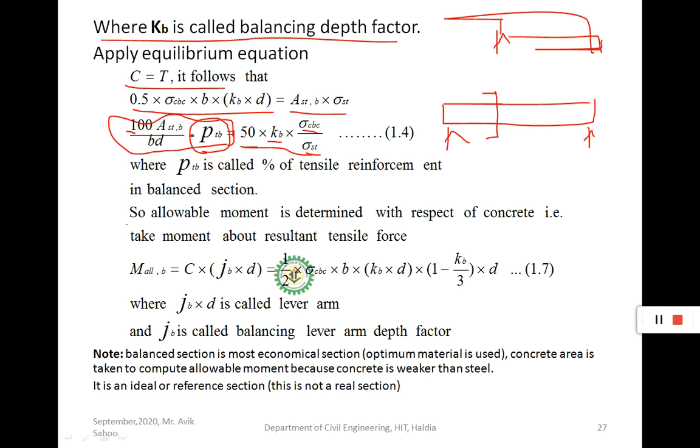Now, how is the allowable moment computed? The allowable moment is determined with respect to concrete, that is, taking moment about the resultant tensile force. So it means, again I draw the stress diagram, where this is the tensile force and this is the compressive force.